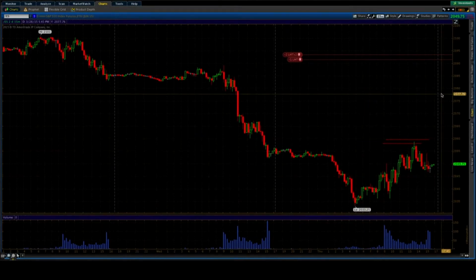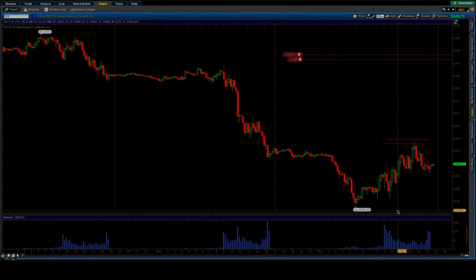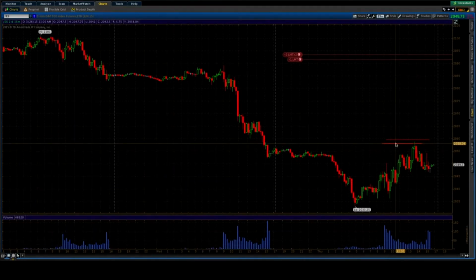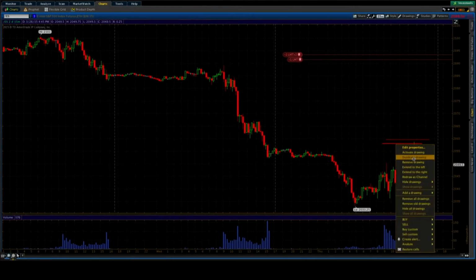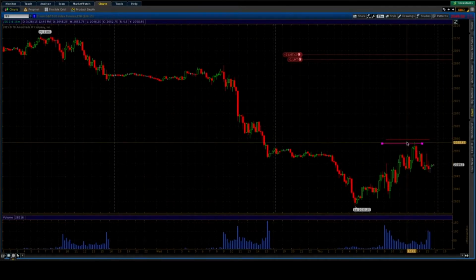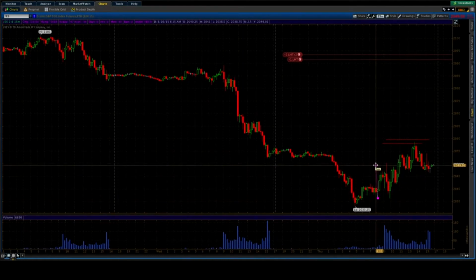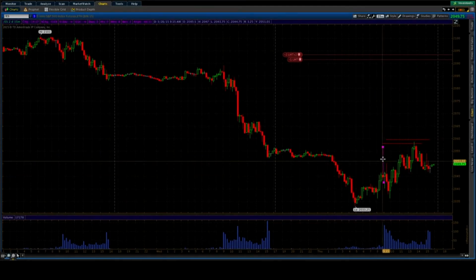This is a 50-minute chart, and what I like to do here is take projections of the price action, and projections will give me an idea of what might be a probable extension of the future price action.